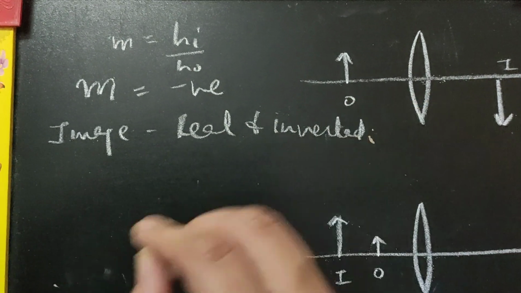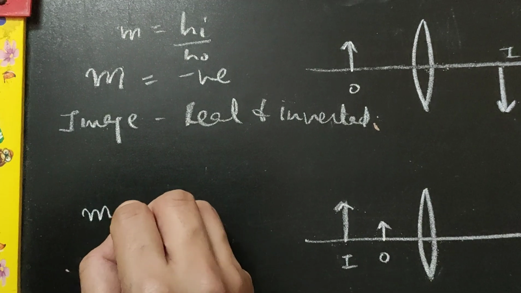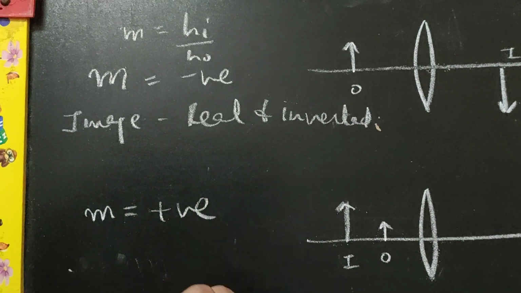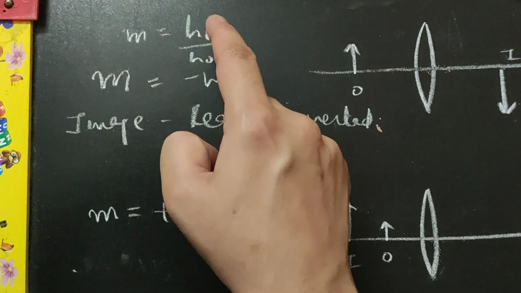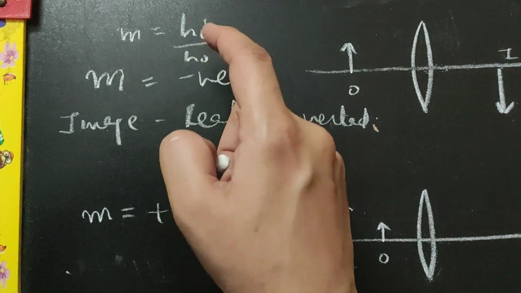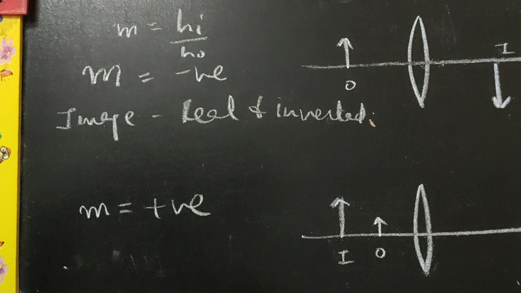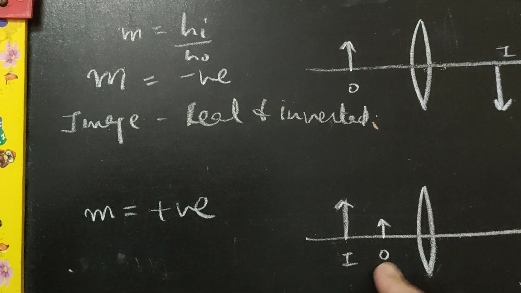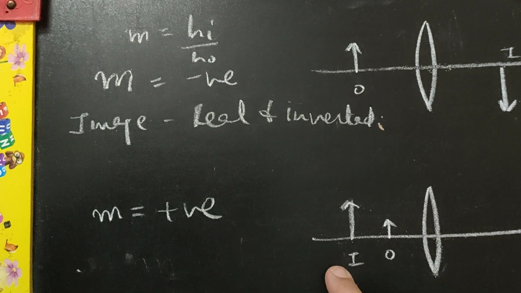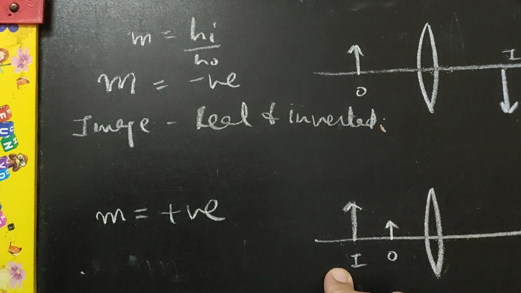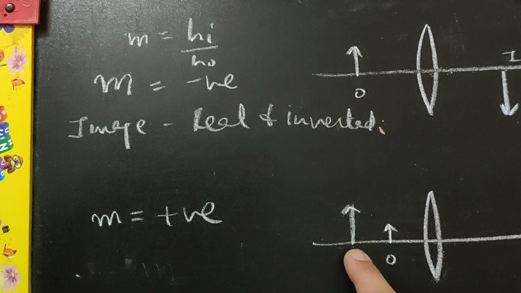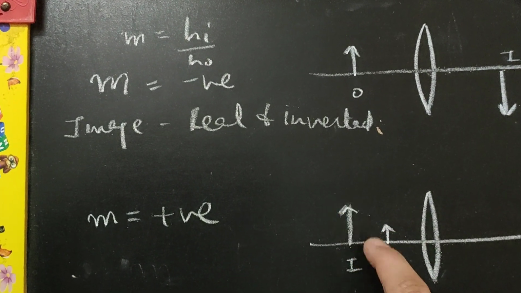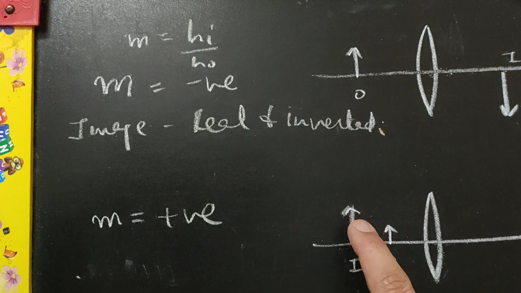Whereas if magnification is positive, this would mean that this ratio has both the quantities in same sign. So suppose this is the situation, the object is placed here in front of the convex lens and the image is being formed here. So in this case you can see the object and the image heights both are above the principal axis and hence positive.